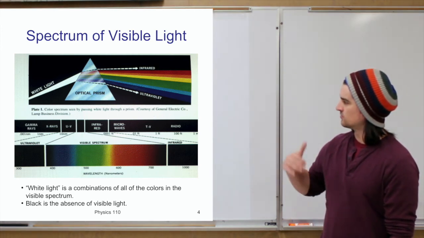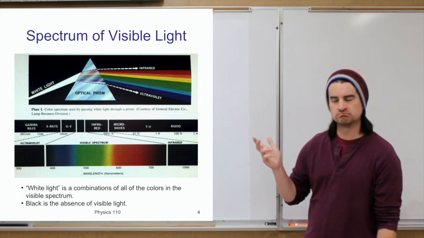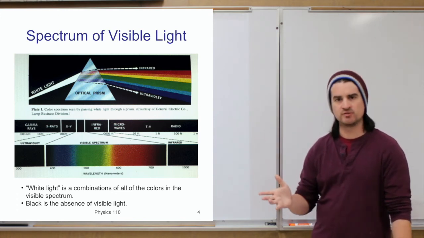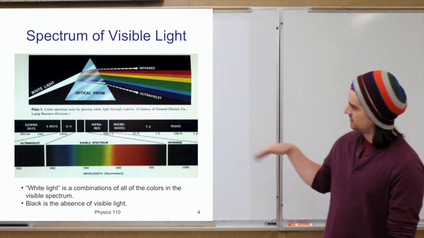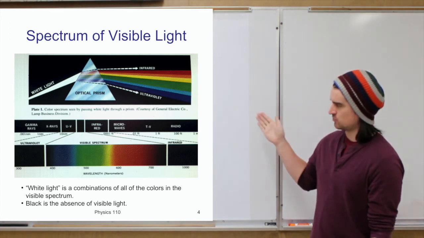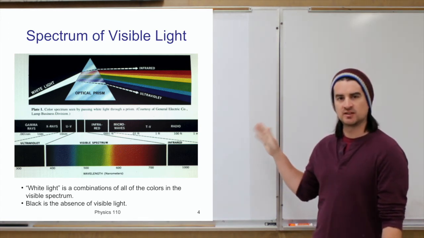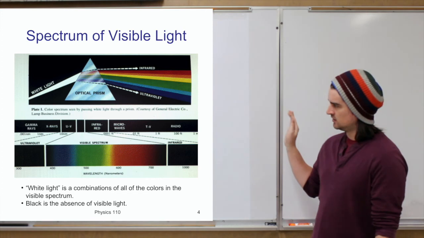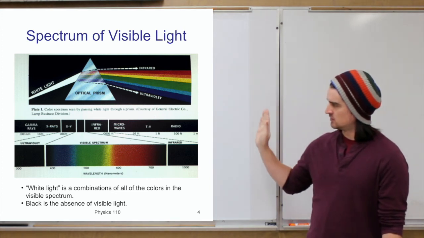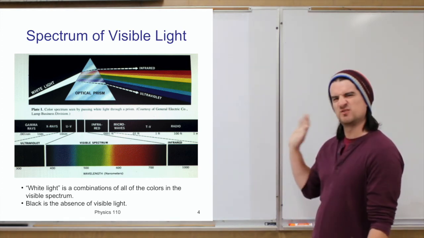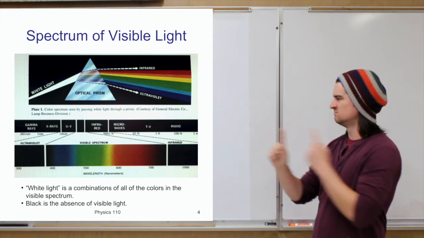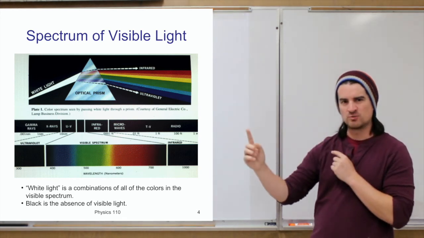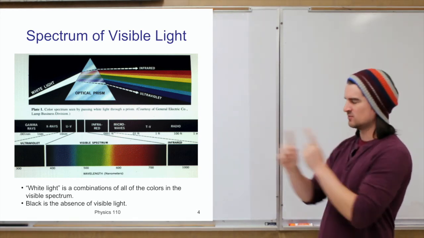This slide is a reminder and a bit of a preview. It's a reminder in that this is one way of looking at the electromagnetic spectrum. It can be a little confusing because people don't keep straight whether the long wavelengths go on one side or the short wavelengths go on the one side.